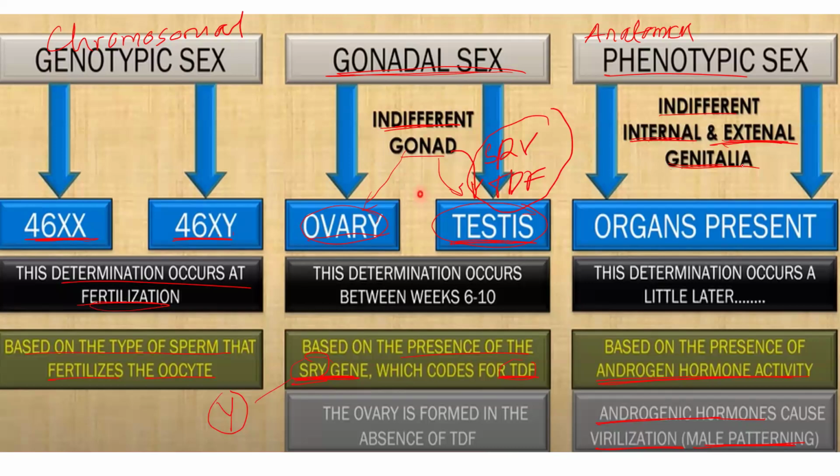That Y chromosome encodes for the testis. And after the testis has been formed, this testis has to be functional to further direct the indifferent external and internal genitalia to give rise to the male internal and external genitalia. So those are the three types of sex, and you need to understand them, okay?